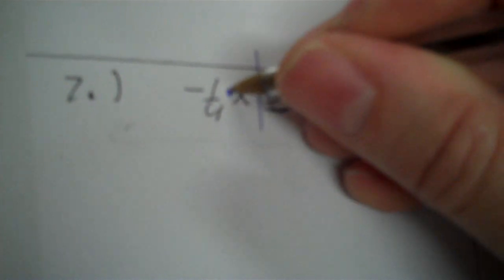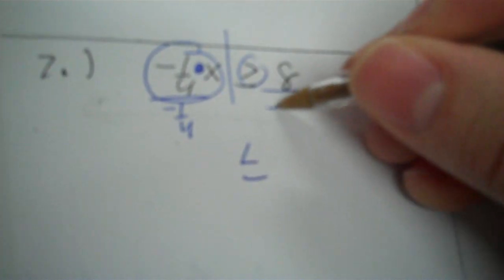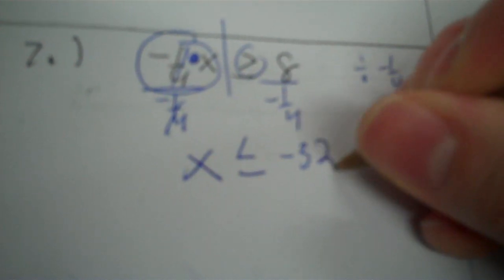Okay, number 7, -1/4 times x greater than or equal to 8. Okay, so you circle that. And you're going to be dividing by -1/4. So again, we're dividing by a negative. So I divide by -1/4. 8 divided by -1/4 is actually -32.